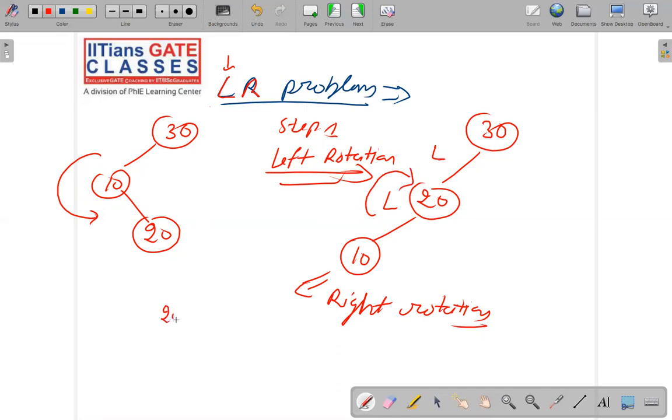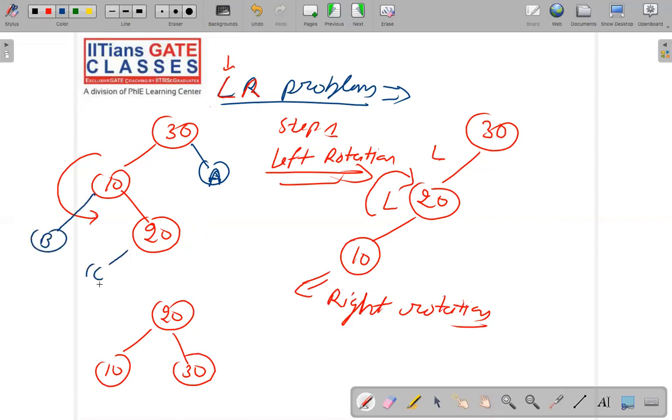So it will become 20 here, 10 here, and 30 here. Now let's try to write its children. We have A here, some subtree, which could be null also, B here, C here, and D here. And it is a child of some parent node.